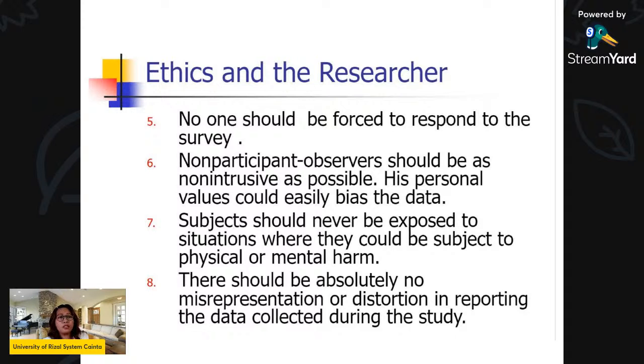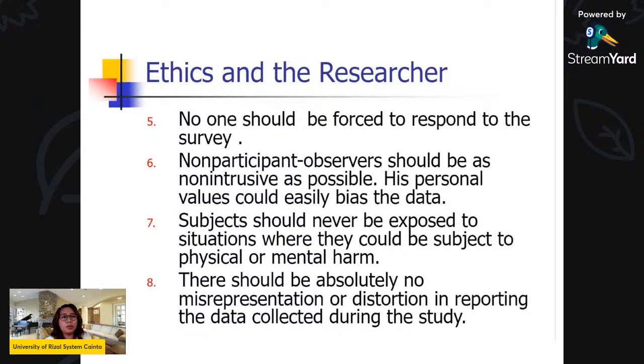Number 7, subjects should not be exposed to a situation where they could be subject to physical or mental harm. Kapag na-expose natin yung situation, particularly on the survey, pwede nating masaktan yung respondent in that particular or yung magiging conclusion ng relation ng inyong study.